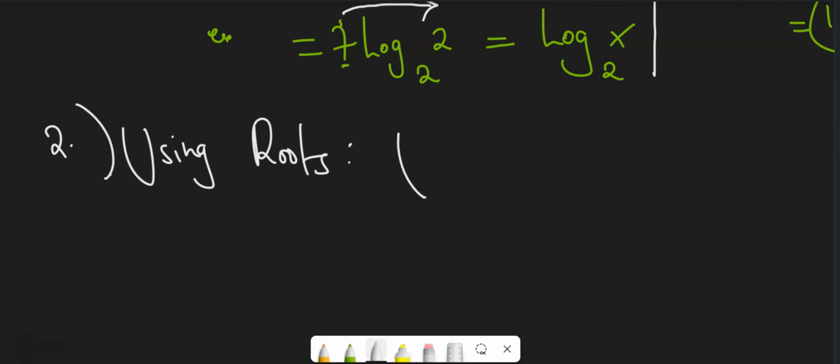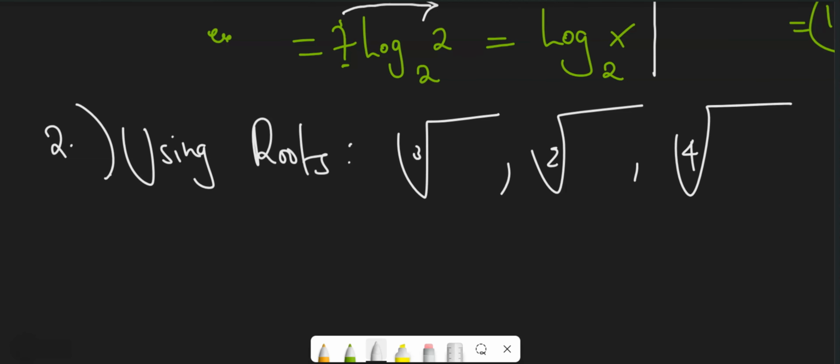So roots, they can use cube root, they can use square root, or we don't need to include any sign. They can use fourth root. They'll try to use as many roots as they can, and then mix with some different bases. Then that thing brings a whole confusion to students, and they see it like a different concept.